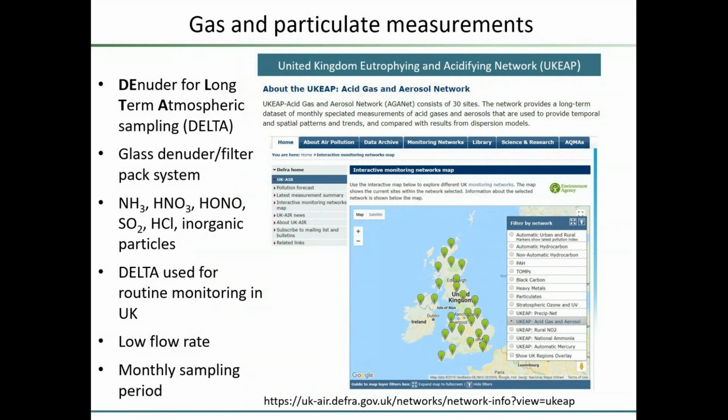So let's talk a little bit about the sampling aspect of the system for the chemistry. We're using an approach that has been used in the UK acid, gas, and aerosol network. And this sampling approach was also developed by the Center for Ecology and Hydrology in Edinburgh, and it's called the denuder for long-term atmospheric sampling, the Delta denuder.